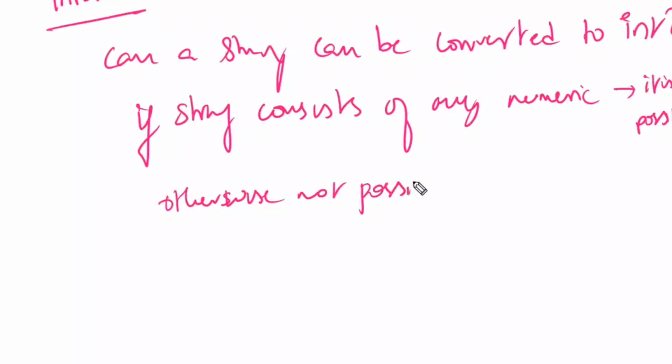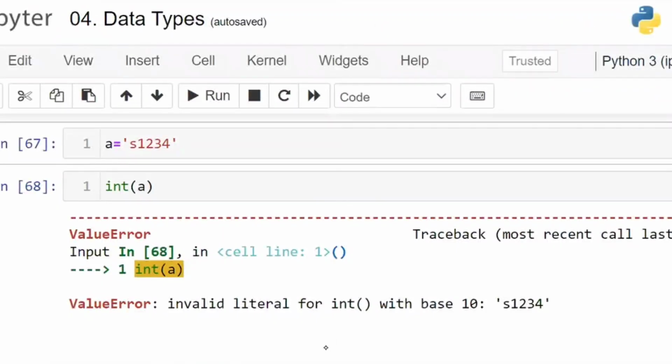Don't say directly no. If you want to convert any string to int, if the string consists of only numerics, it can be converted. Otherwise, it can't be converted. If any one special character is there, it can't be converted. Each and every character should be in numeric format only. Is that clear, guys?